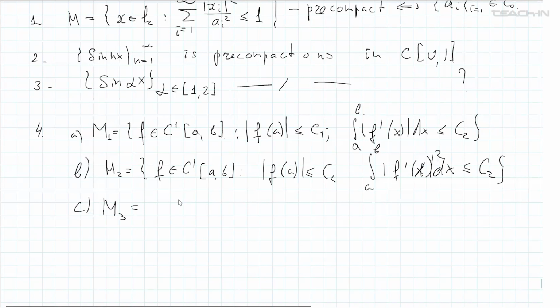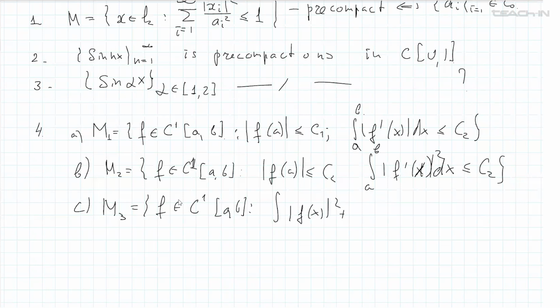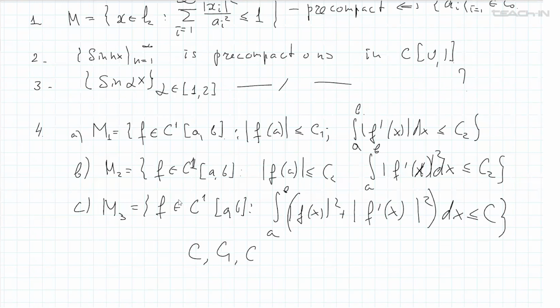And third, such functions from C^1[a,b], like an ellipsoid, but in the class of continuous functions, with C, C1, C2 some non-negative numbers fixed for each set.